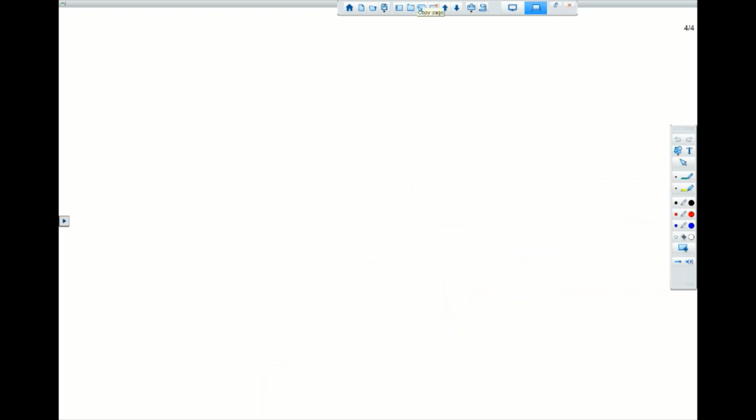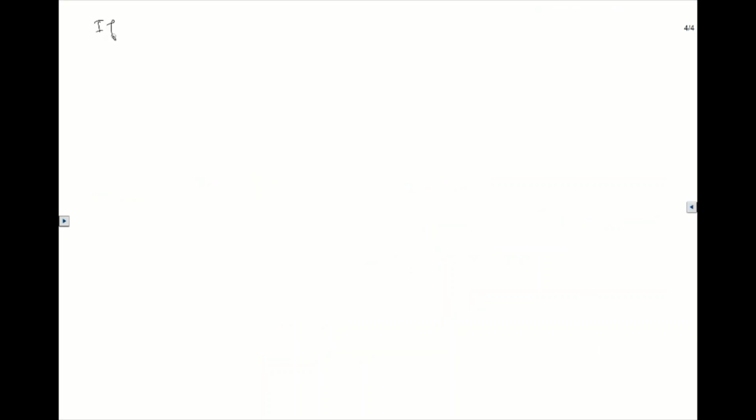Now this is for r not equal to 1. If r equals 1, remember at the beginning we showed that 1 plus 1 plus 1 plus 1 is equal to infinity. So we consider here r not equal to 1.